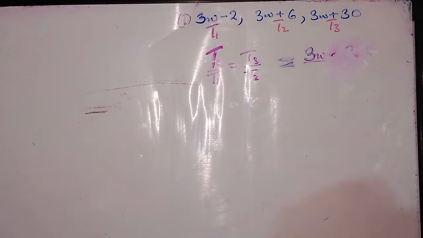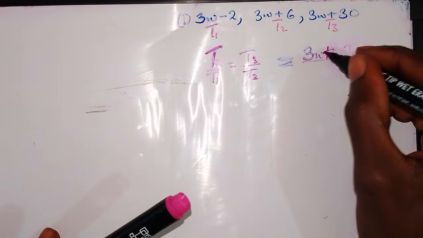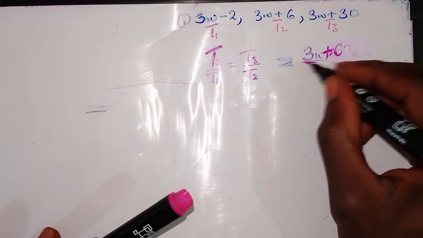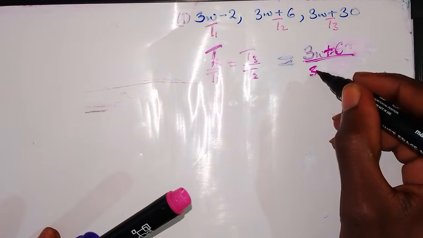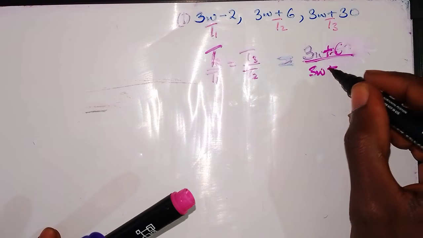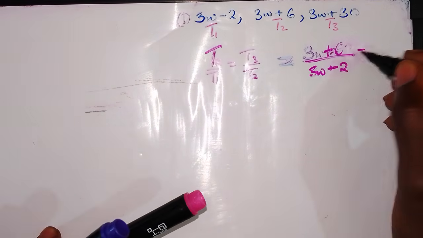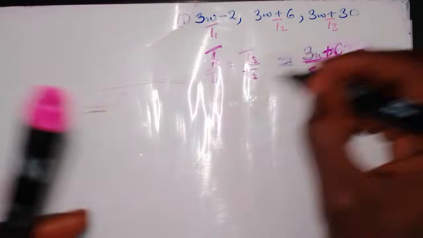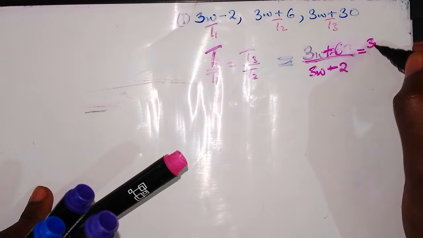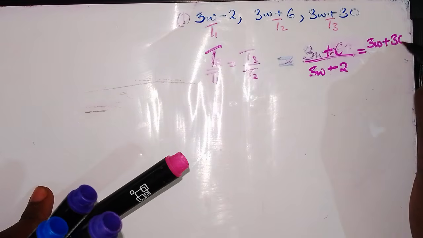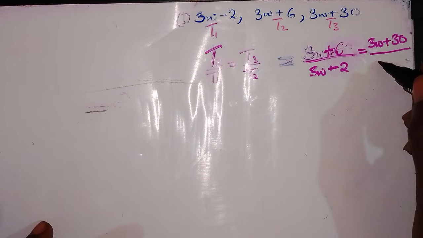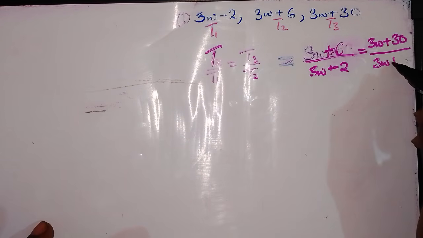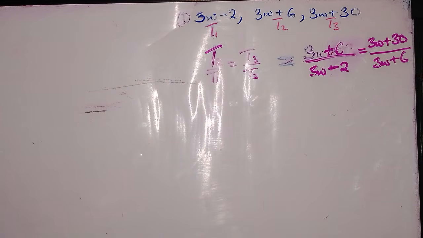So I'm going to say 3W plus 6 divided by, what is our first term? 3W minus 2. Then equals, what is our third term? 3W plus 30, over what is our second term? 3W plus 6.